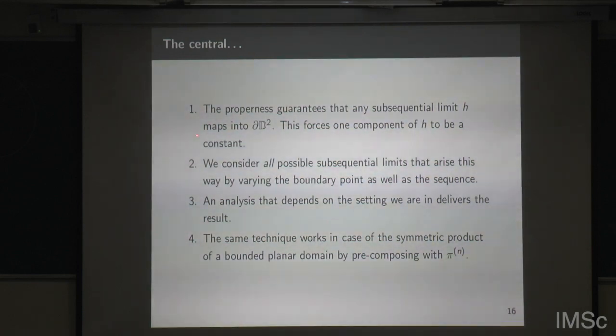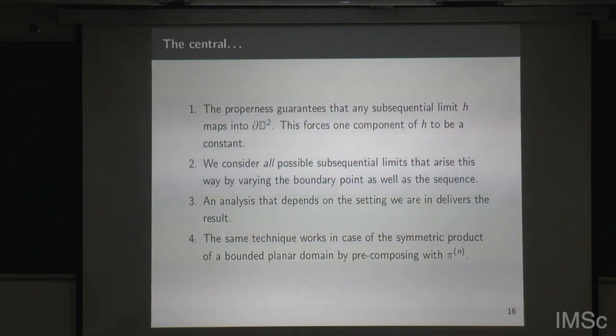Now, because of properness, any subsequential limit h of the sequence Hn must map into the boundary of the bidisk. Properness is equivalent in the case of domains to the condition that for any sequence converging to the boundary in the domain, no subsequence of the image converges to an interior point. So the properness forces the map to go into the boundary of D2. Now one can argue and show that one of the components of h must in fact be constant when this happens.